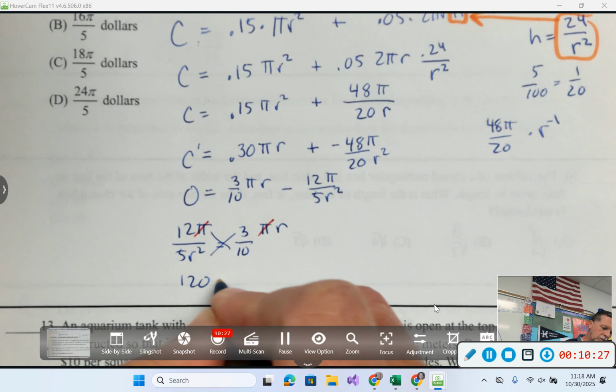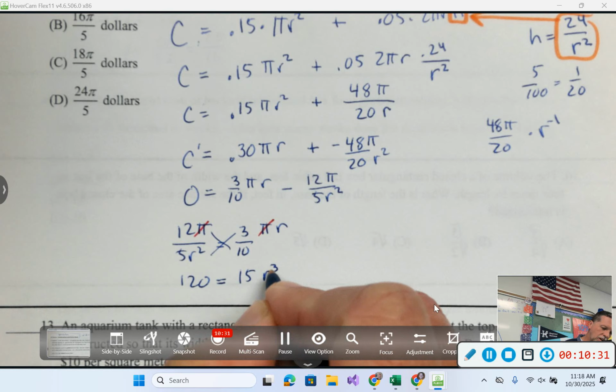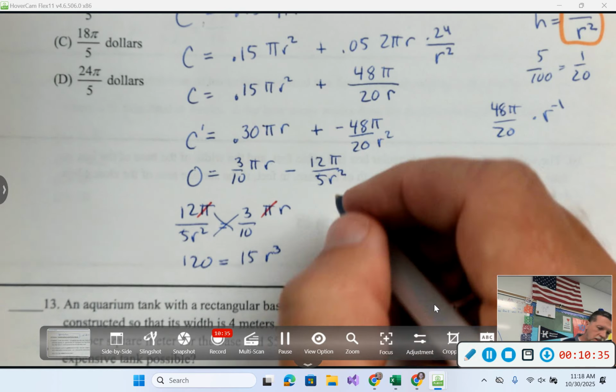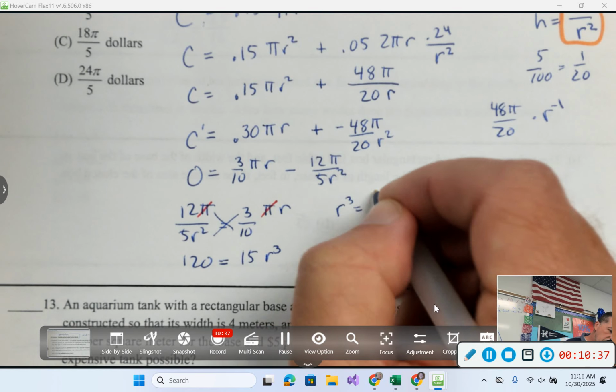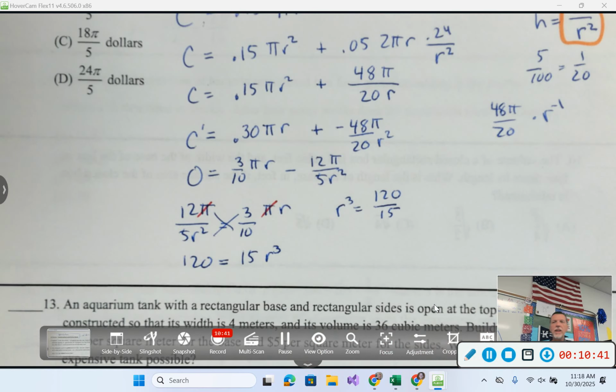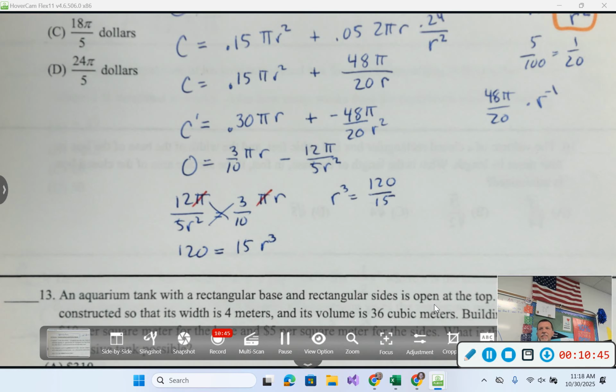So 120 equals 15 r cubed. It would be fabulous if 15 goes into 120. Does it? It'd be really fabulous if it went into 120 as a perfect cube.